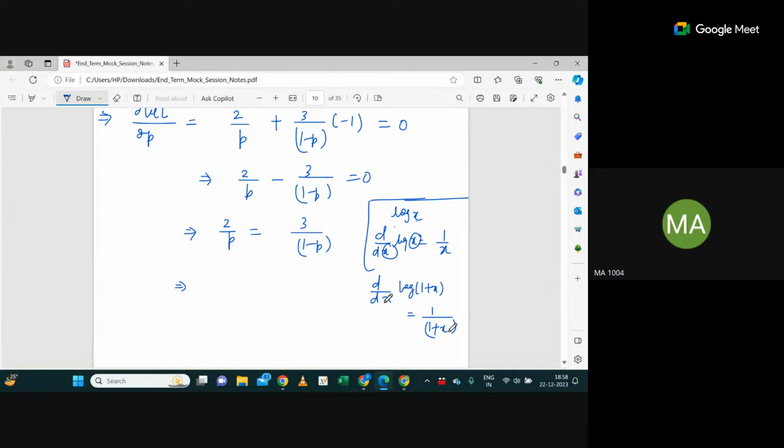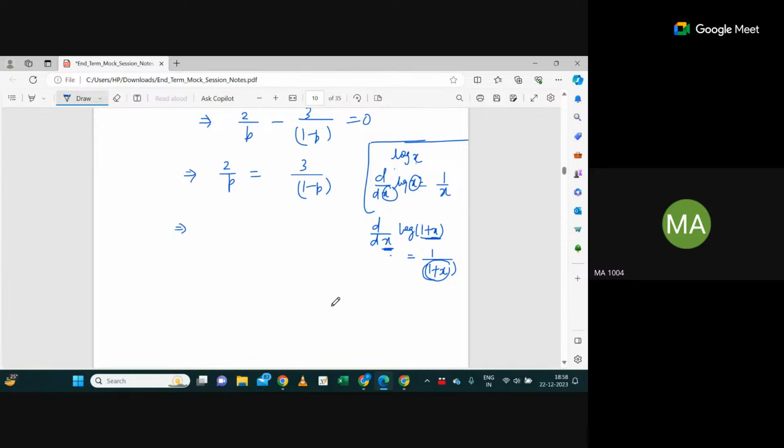Since both are different, I have to differentiate 1 plus x again. That means d by dx of 1 plus x: d by dx of the constant will be 0, plus d by dx of x, which is 1. Now it's a minus, so it will be minus. Okay, I get it, sir.